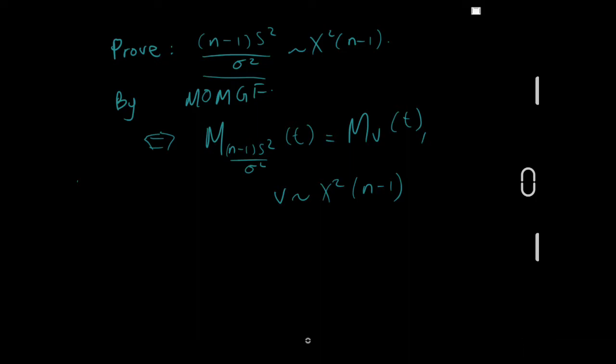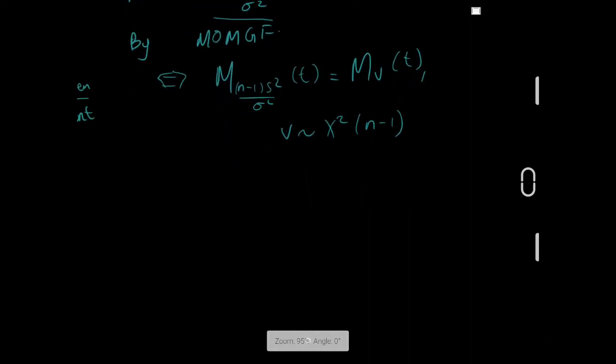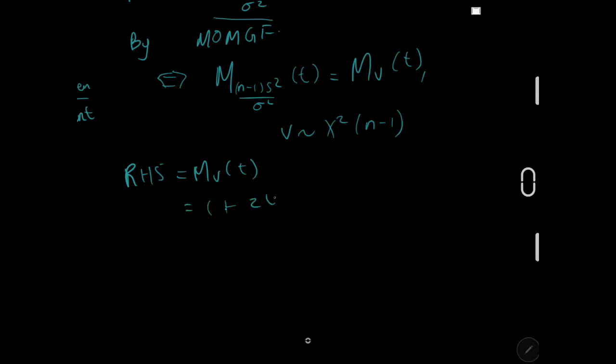So the bulk of this proof comes from proving that this particular moment generating function is that moment generating function. And we start off in a weird place. Well, we start off with the right-hand side first, usually. So the right-hand side is just M_V of t, which is 1 minus 2t to the power of negative (n minus 1) over 2.